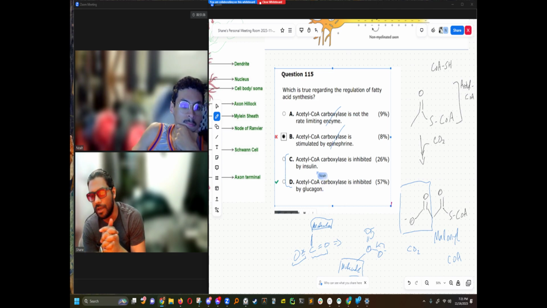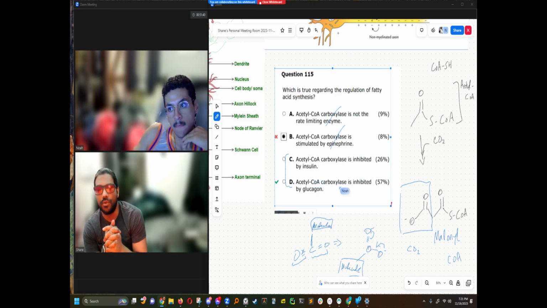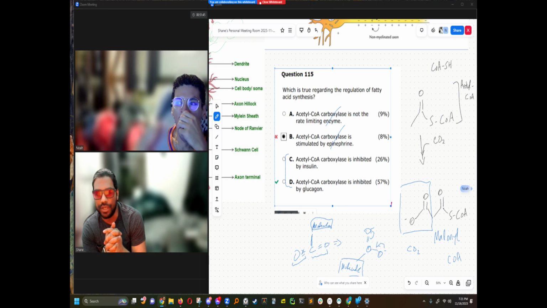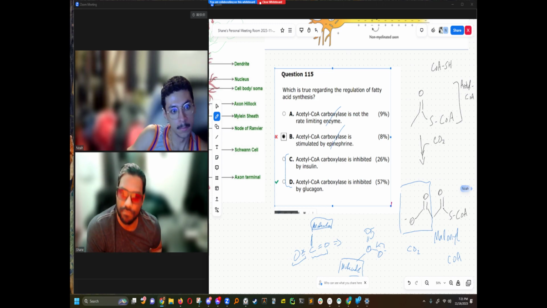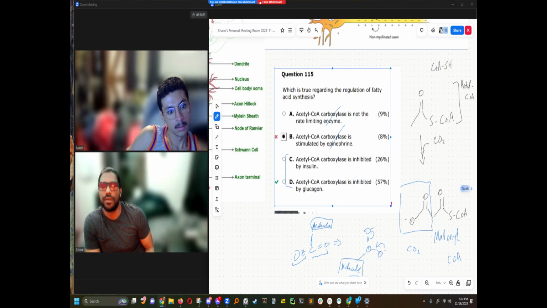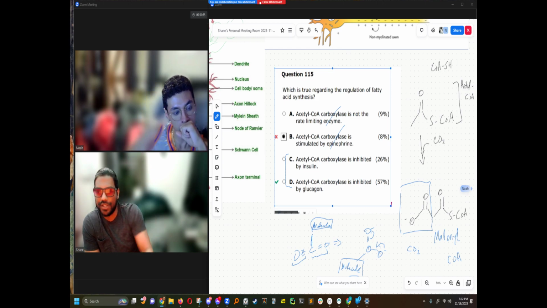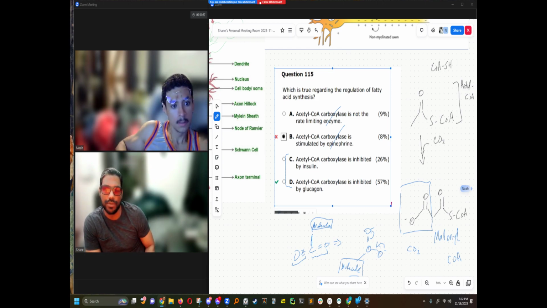insulin. But then D says that it's inhibited by glucagon. And again, we want to ask ourselves, is this going to happen when there's high blood glucose or low blood glucose, right? If that reaction proceeds when there's high blood glucose, when there's low blood glucose, it should be inhibited, right?